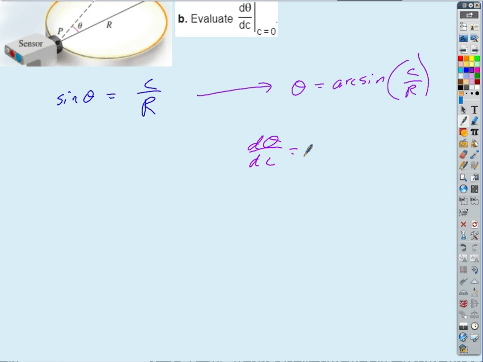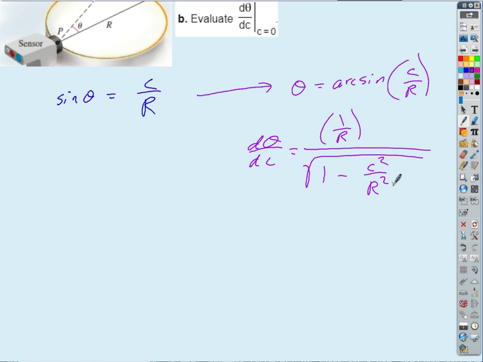So our u prime is going to look like 1 over r divided by the square root of 1 minus u squared. Well, what's c over r quantity squared? c squared over r squared. Good, so that's our answer. That's kind of an inconvenient way to write it.